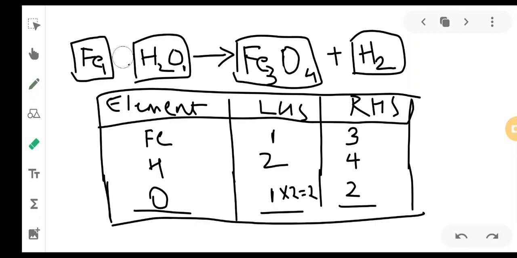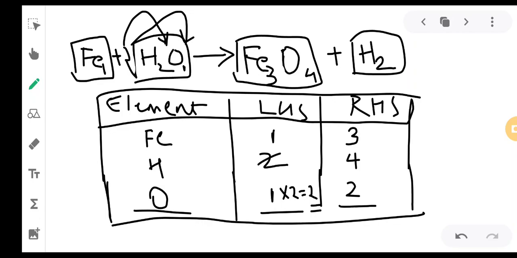If you multiply 2 over here, this 2 will get multiplied with hydrogen and with oxygen, so oxygen will get balanced.